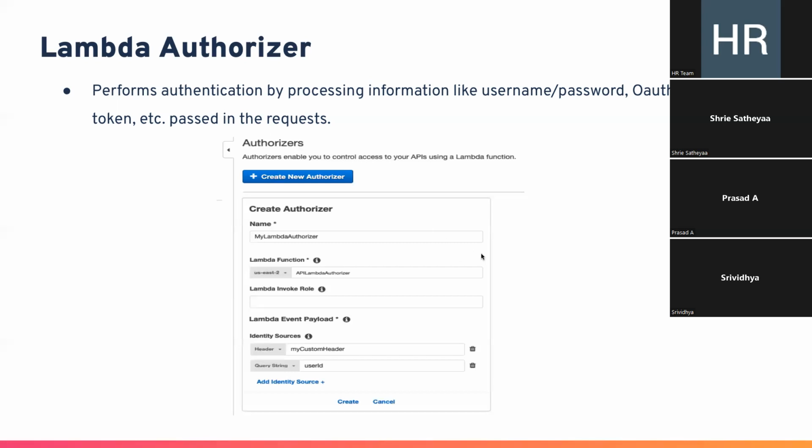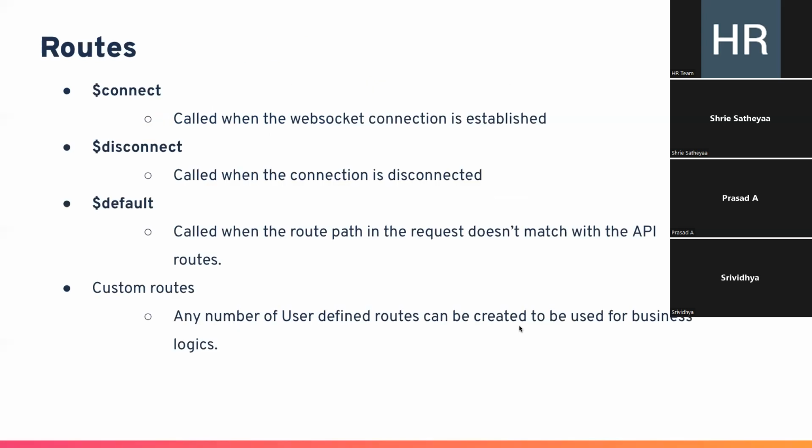Only then will the events be handled. So if the authorization fails, we will not be able to send the events to the clients. So that is about the authorization.